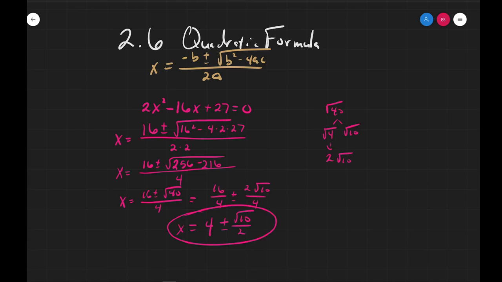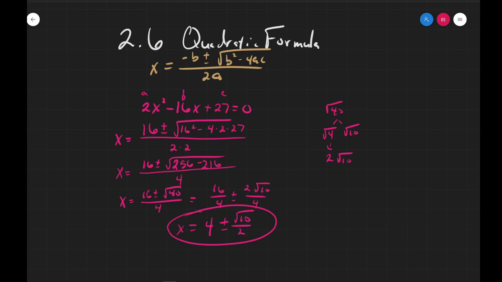All right, welcome back. Here's hoping this is what you got for your answer. Hopefully you got that x is equal to 4 plus or minus the square root of 10 over 2. Values we're plugging in: b is going to be 16, a is going to be 2, and c is going to be 27.